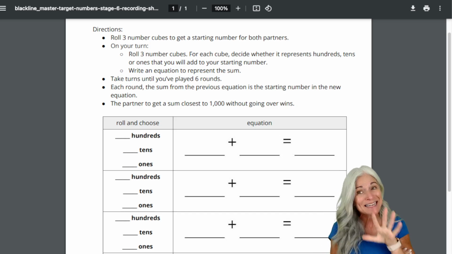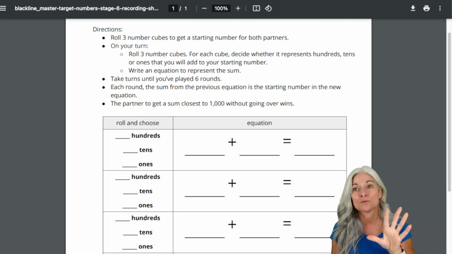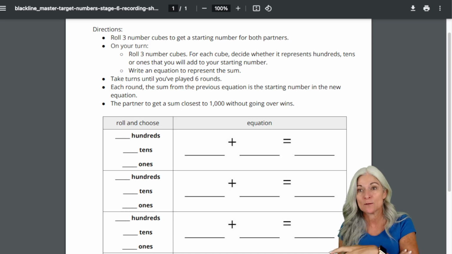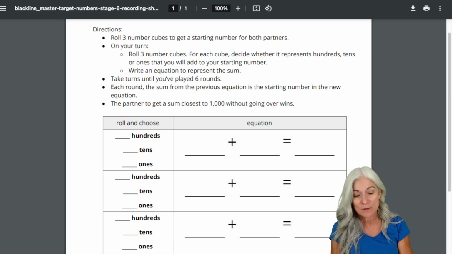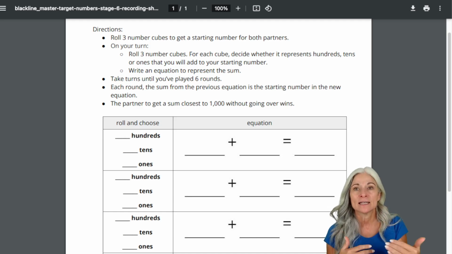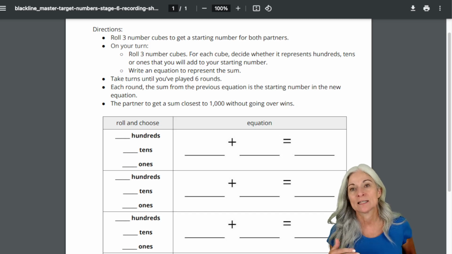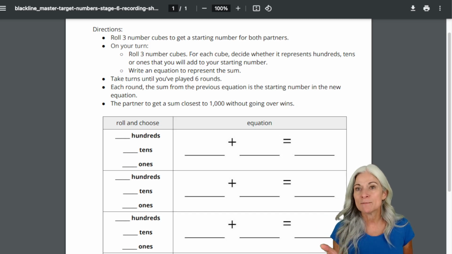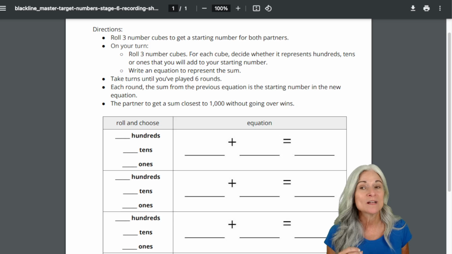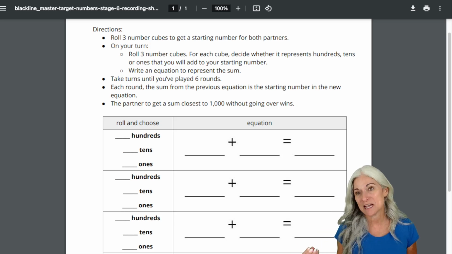Now they get to pick which one is the hundreds, which one is the tens, and which one is the ones. Okay, so they start with their starting number in that first space. And then they take turns, they roll the three number cubes, add the two numbers together, get the sum. And then they keep going. The goal is to get as close to 1,000 without going over.